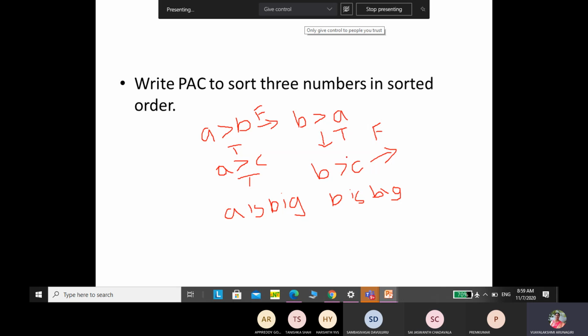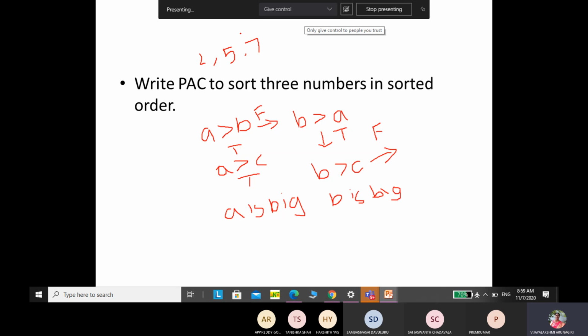Say for example, I am taking the numbers 2, 5, 7. I am checking whether A is greater than B. It fails, because 2 is not greater than 5. Then I am coming here, because 5 is greater than 2.